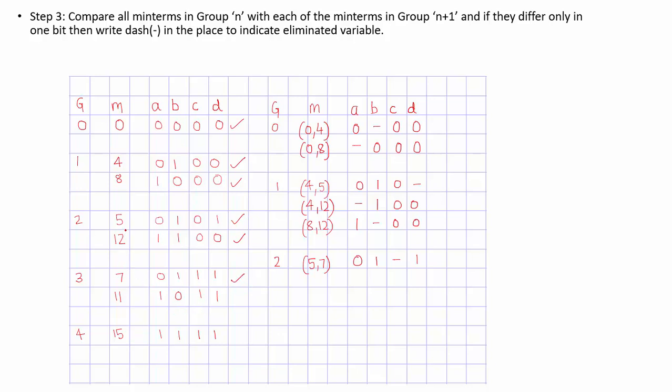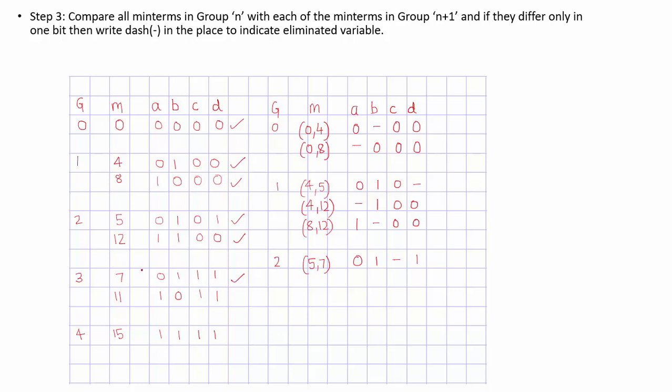Next I'll compare 5 with 11. A is 0 in 5, A is 1 in 11, B is 1 in 5 and B is 0 in 11. So these two minterms 5 and 11 differ by more than 1 bit. So I'm not entering in this group. So next I'll compare minterm 12 with minterm 7. C and D is 0 in minterm 12 whereas it is 1 in minterm 7.